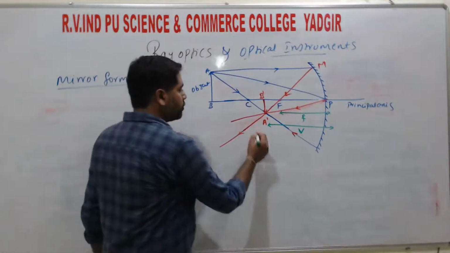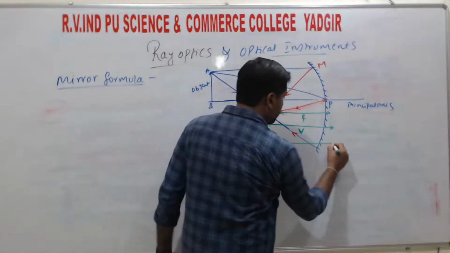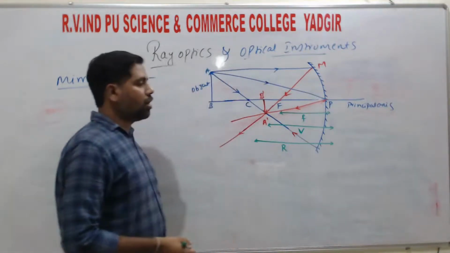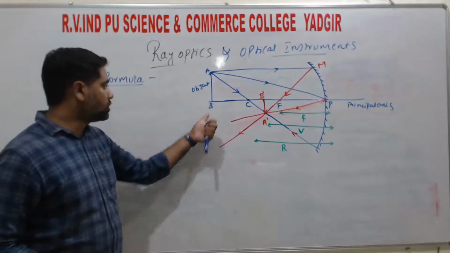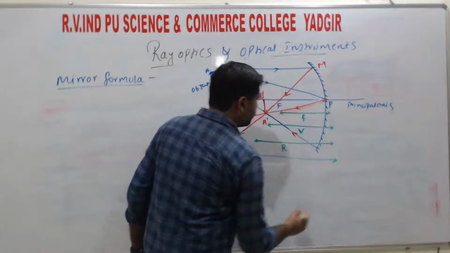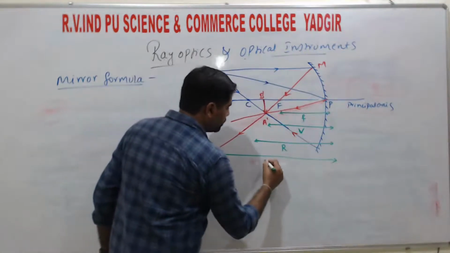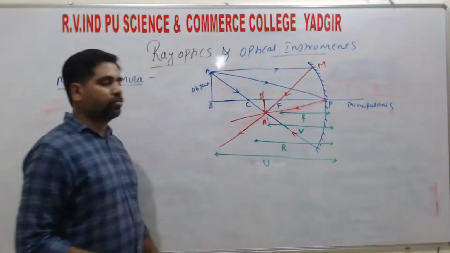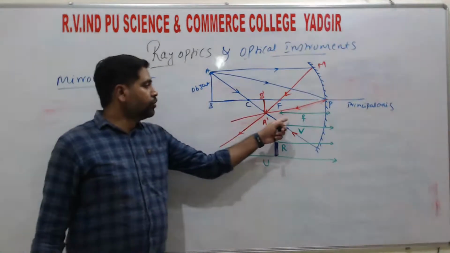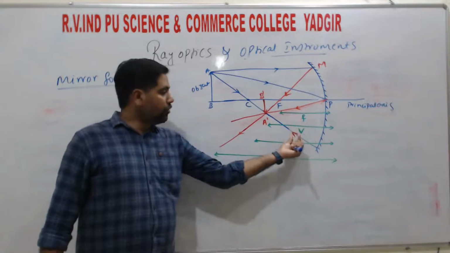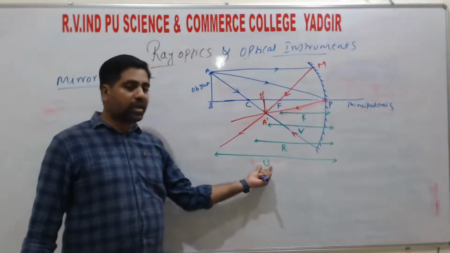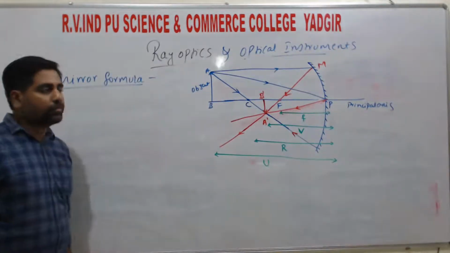Next, from the center of curvature to the pole gives the radius of curvature R, and the last one is the object distance, also measured from the pole, which we take as U. After obtaining the image, F is the focal length, V is the image distance, R is the radius of curvature, and U is the object distance.